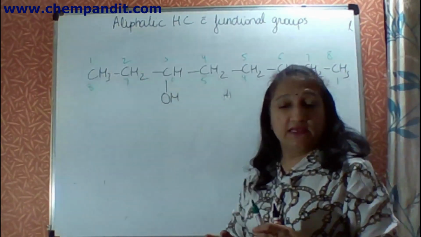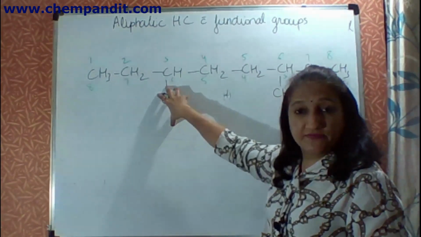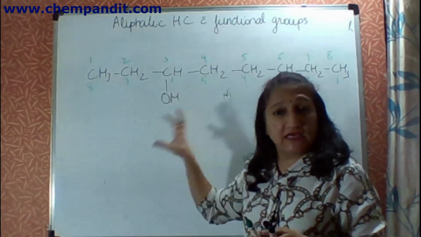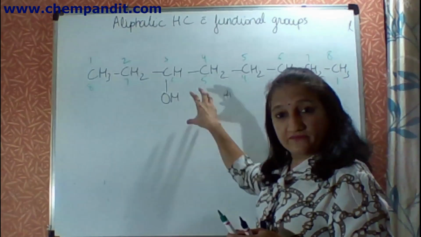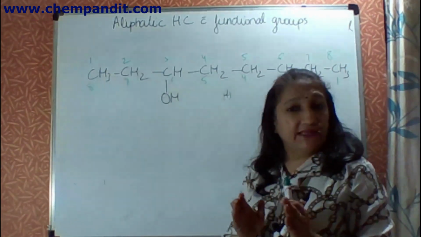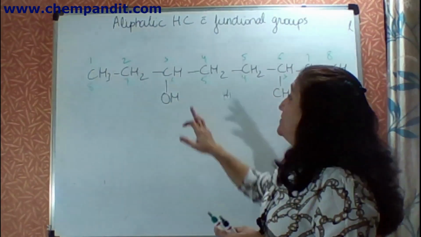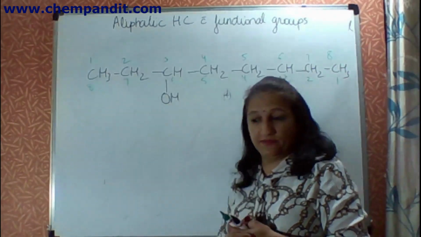Now the rule is that the priority is always given to the functional group. Whenever an alkyl group and a functional group are both present, the priority is given only to the functional group. Clear? This means that the numbering of this compound should be in such a way that the hydroxyl group gets the lowest number.